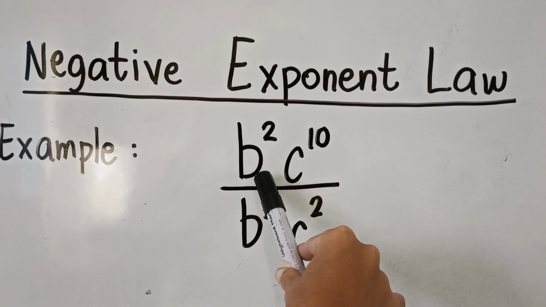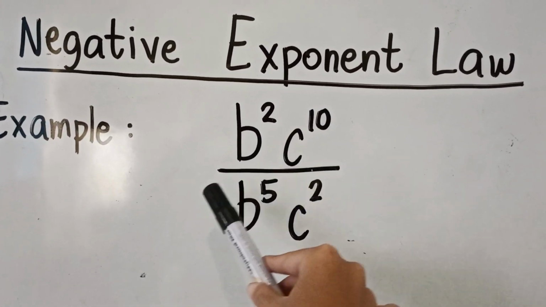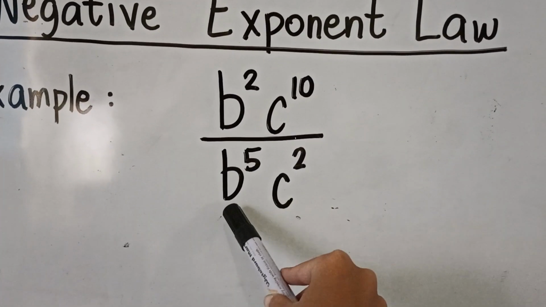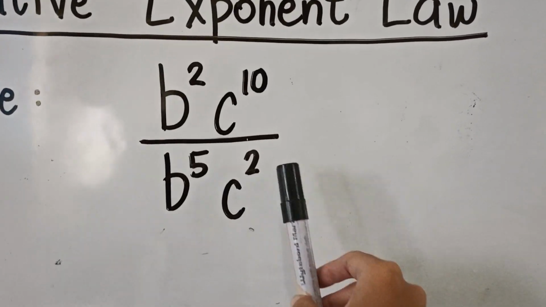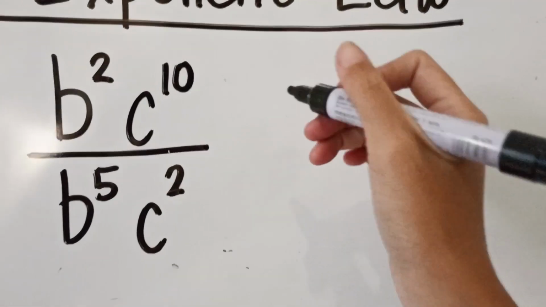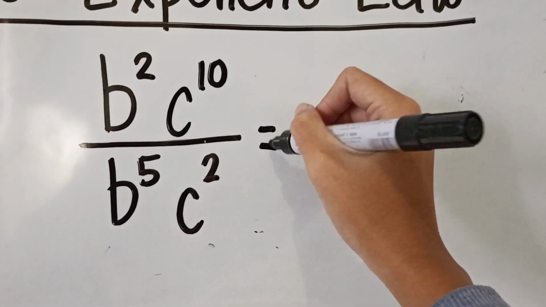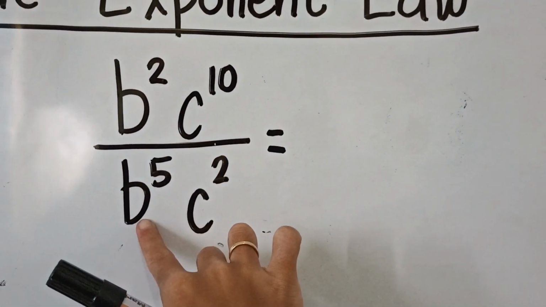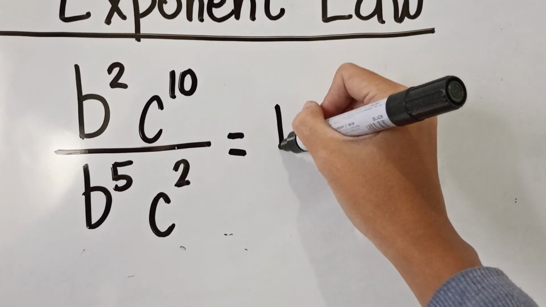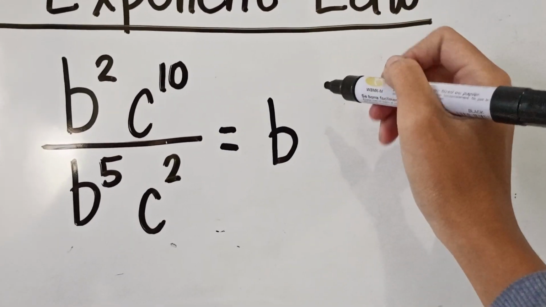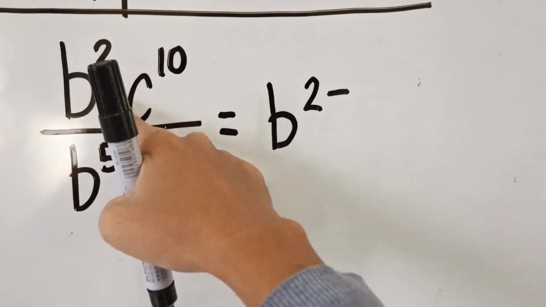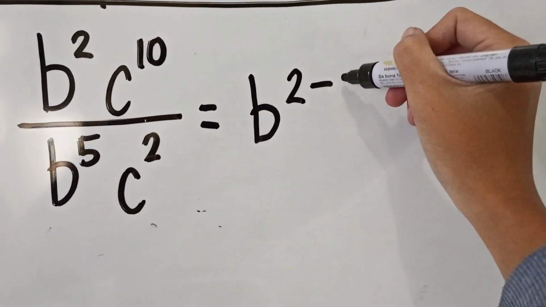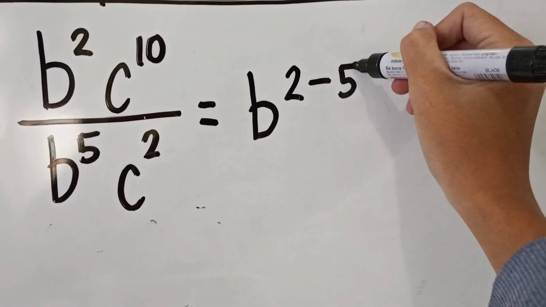We have b squared c to the power of 10 all over b raised to the power of 5 c squared. So we're gonna do the quotient law. We're gonna subtract the exponents that have the same variable. So let's have the variable b, and we're gonna copy first the exponent 2 minus the exponent 5 since they have the same variables.